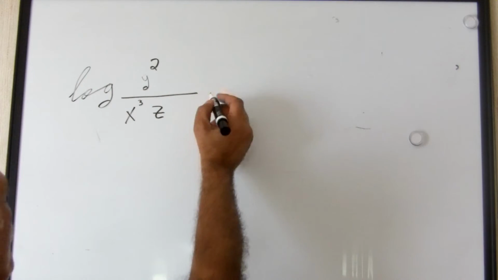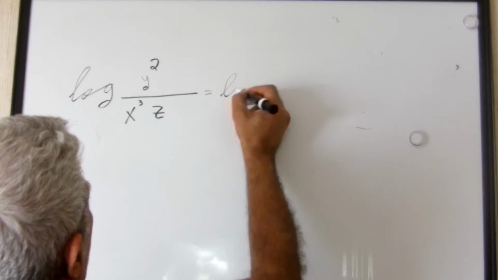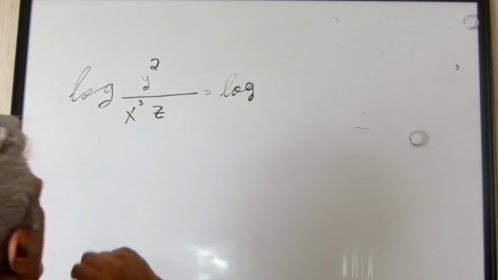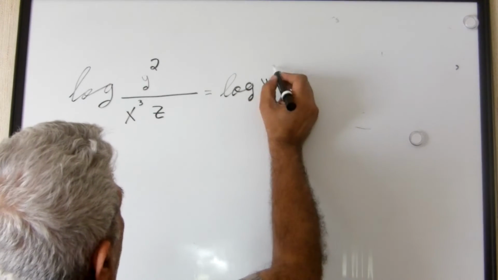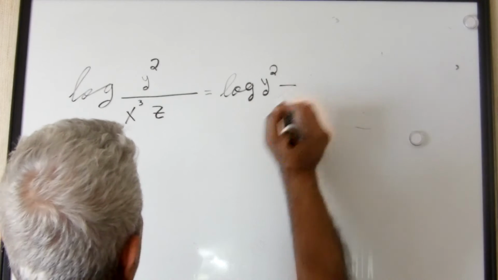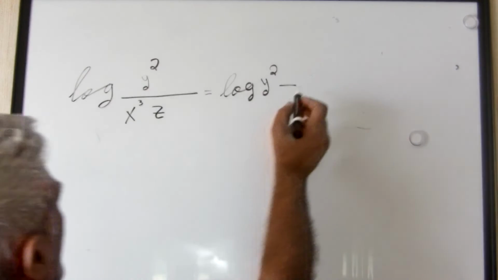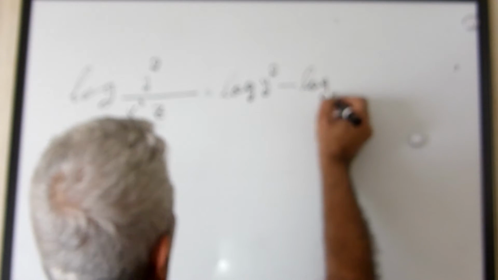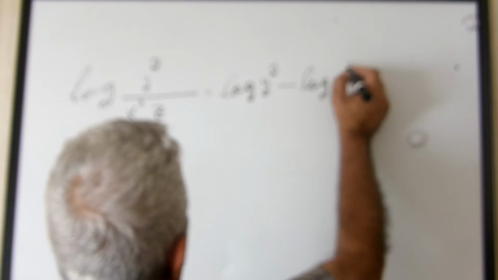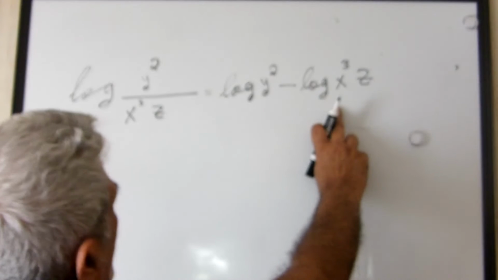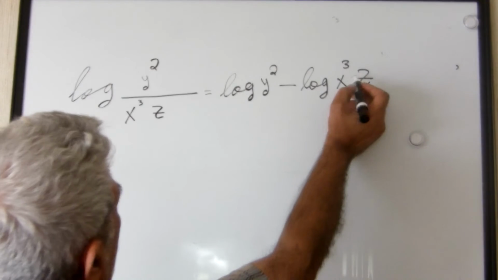This is division. You can write this like this: log y squared minus log of x to the power of 3 z. You're trying to expand it. So this is multiplication.